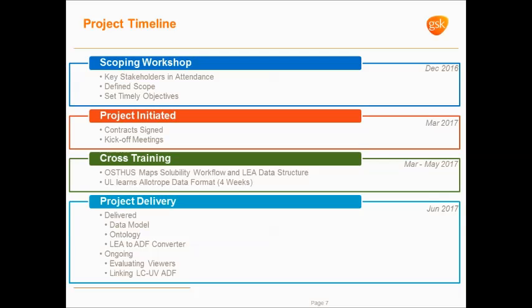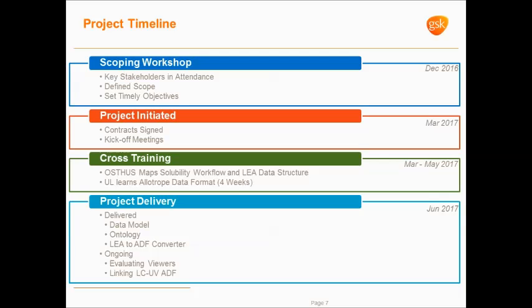By June, so maybe around 3 months, we had these things delivered, including the data model, the ontology, and the LIA to ADF converter from Unchained Lab at the end of June.